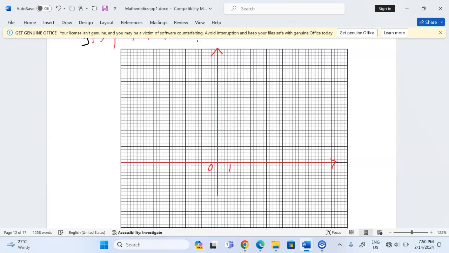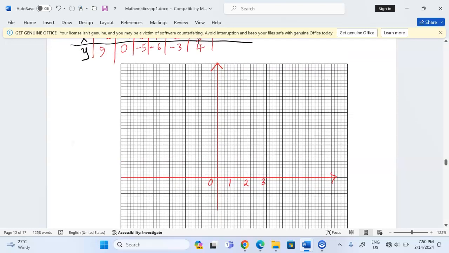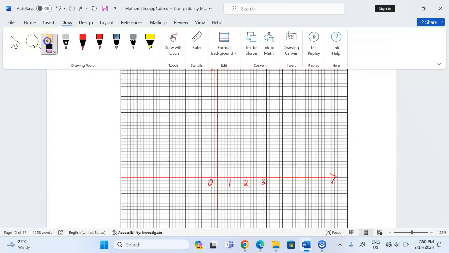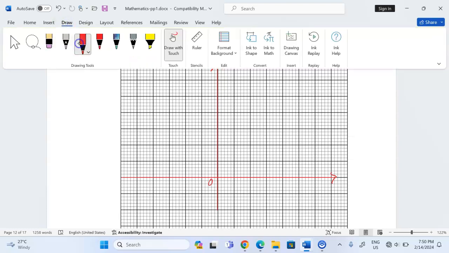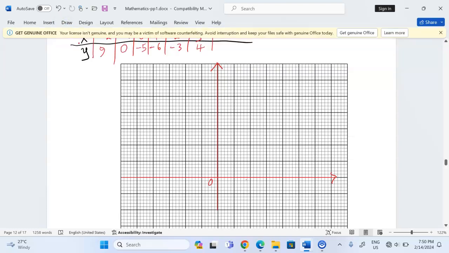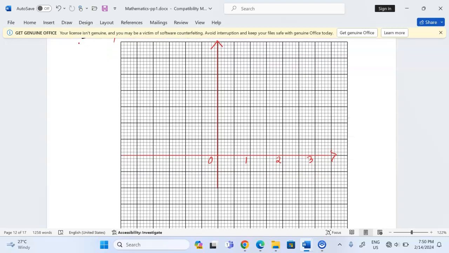From 0, we can have 1, 2, 3. Or I can use a larger scale so that I accommodate a good portion. So I can use 1, 2, 3, such a scale. Then on this axis, I will have -1, -2.